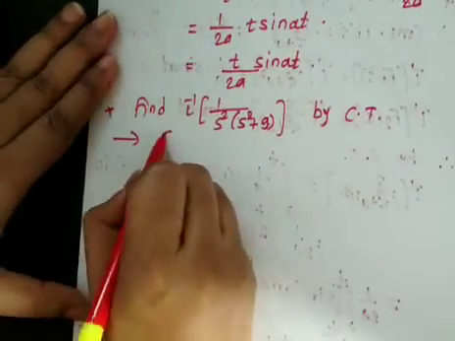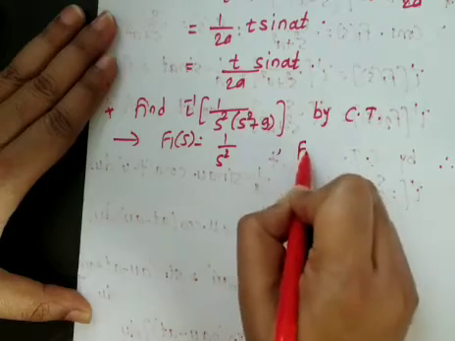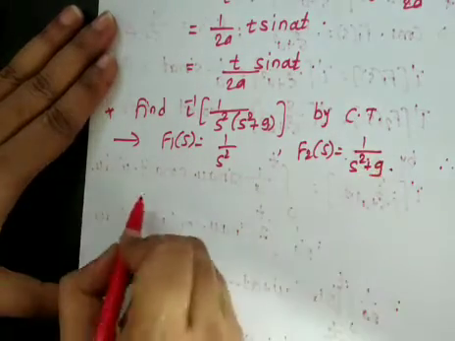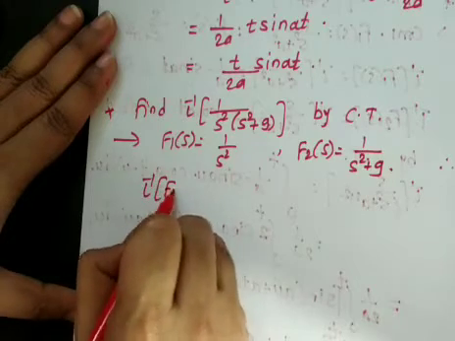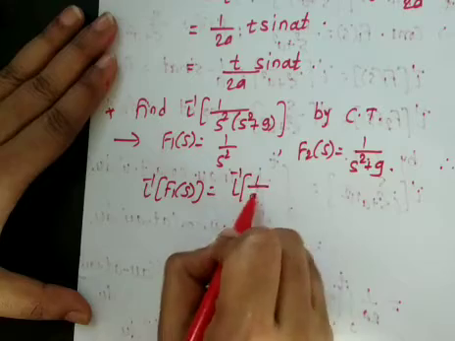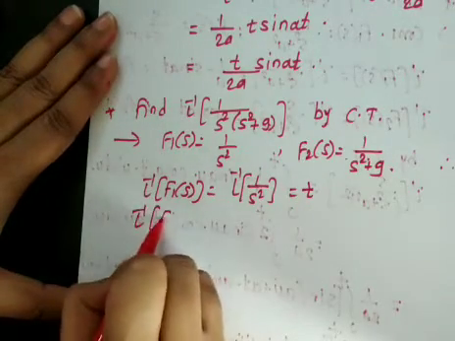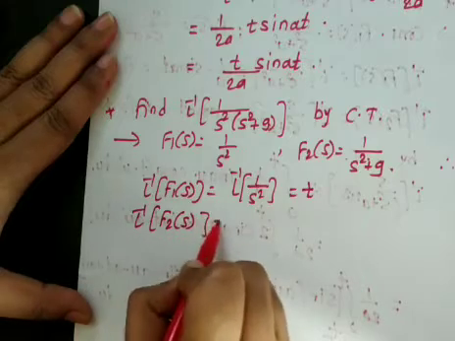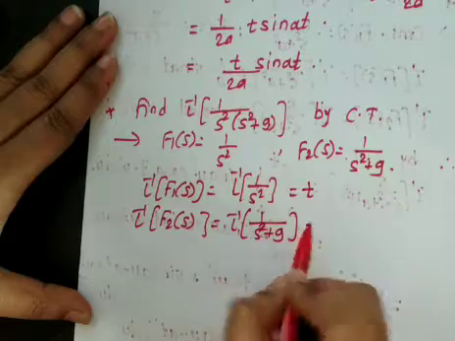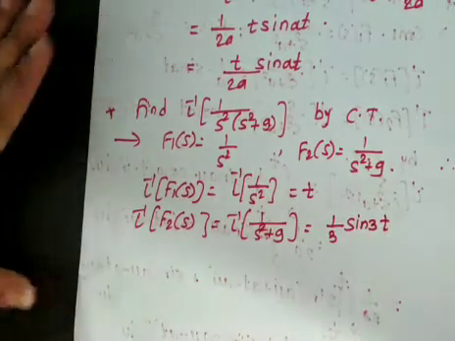Here F1(s) is 1 upon s square and F2(s) is 1 upon s square plus 9. So the Laplace inverse of F1(s), that is of 1 upon s square, is t, and the Laplace inverse of F2(s), that is of 1 upon s square plus 9, is 1 upon 3 sin 3t.